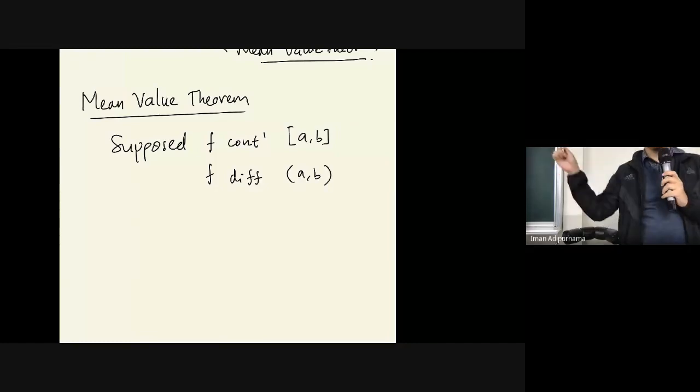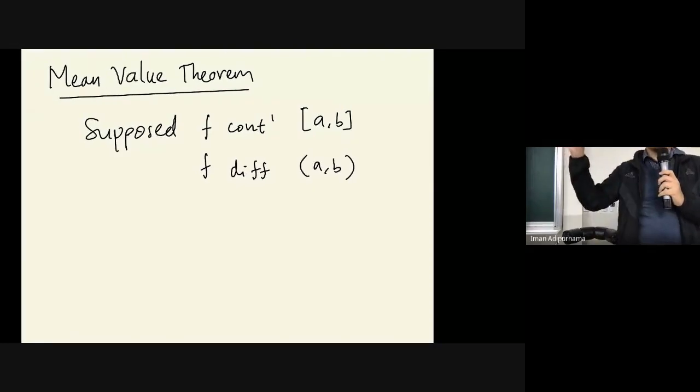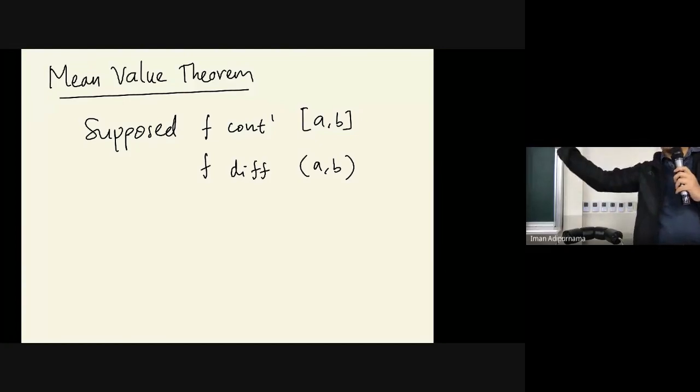I hope you get the idea why I'm writing A, B different. Continuous meaning the function does not have any hole. Differentiable meaning the function needs to be differentiable. If it's at the end, of course you cannot differentiate that function, because it's like a pointy one, you cannot differentiate it.